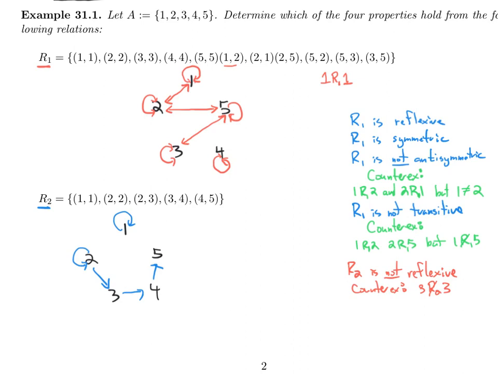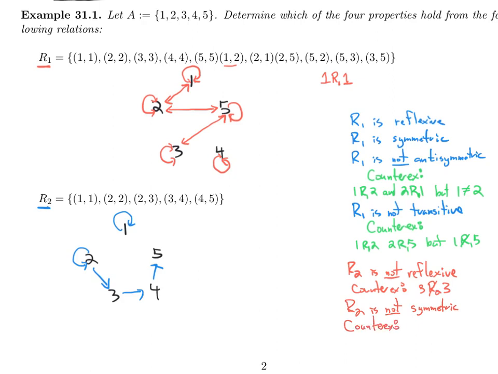Is it symmetric? Well, no. Again, we have a relation in one direction, but not in the reverse direction. 2 is related to 3, but 3 isn't related to 2, so it's not symmetric. R2 is not symmetric. And our counterexample here, there's more than this one.